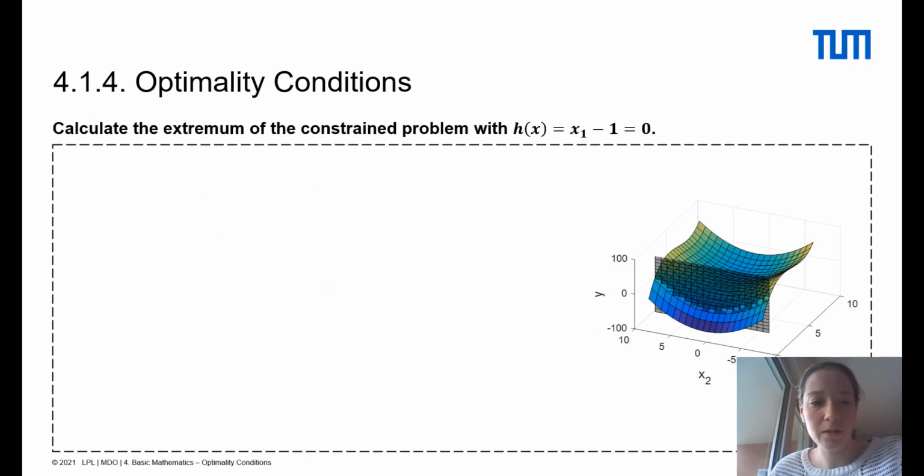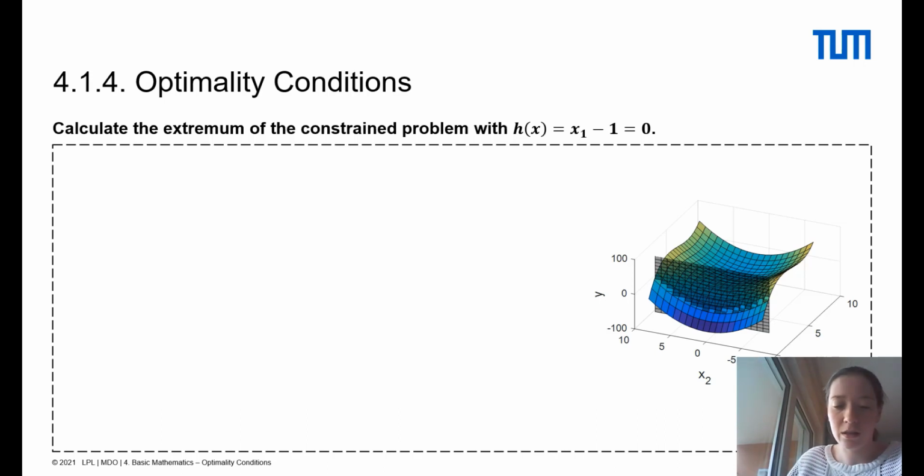For the fourth task, we have to calculate the extremum, but now we add an equality constraint here, this gray plane at x1 equals 1.